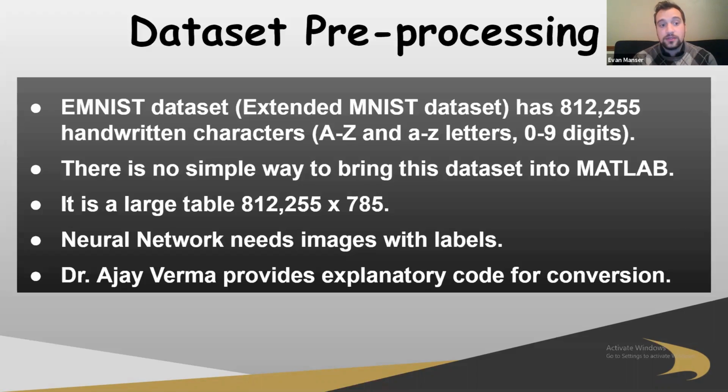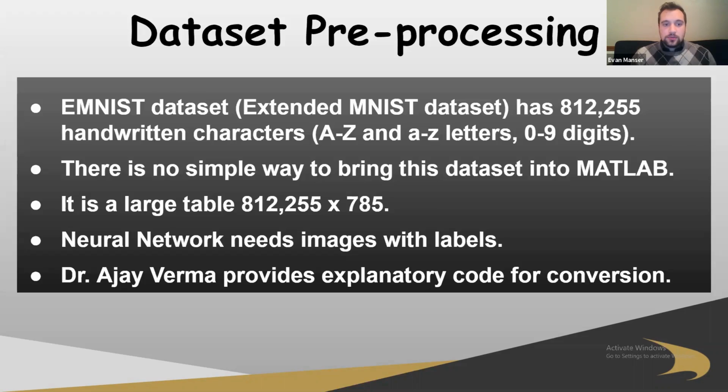So we found an EMNIST data set, which is an extended MNIST data set. It has 812,255 handwritten characters. This is A through Z uppercase, A through Z lowercase, and 0 through 9 digits. We discovered early on that there's no simple way to bring a data set into MATLAB. We can't just throw it in there and use it as we thought we could.